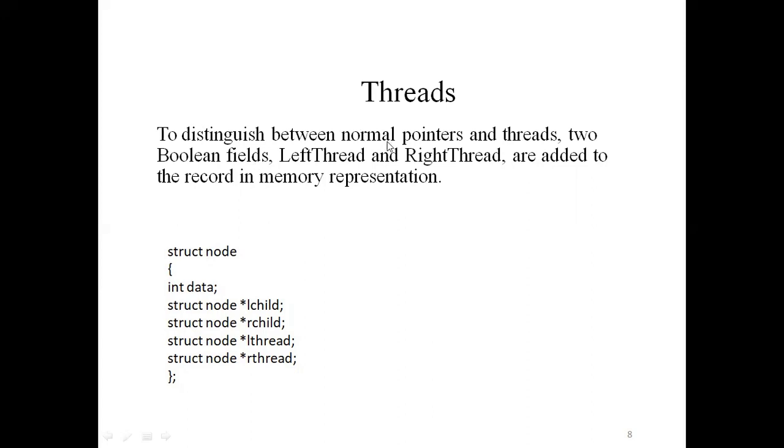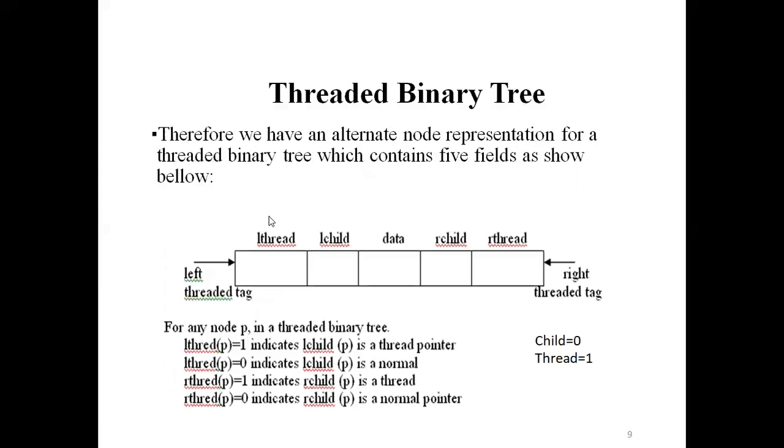To distinguish between normal pointer, that is whether it is a pointer storing address of child or it is a thread pointer, 2 Boolean fields are used, left thread and right thread. So these are added to record in a memory representation. So this left thread or right thread will hold value either 0 or 1 based on some condition.